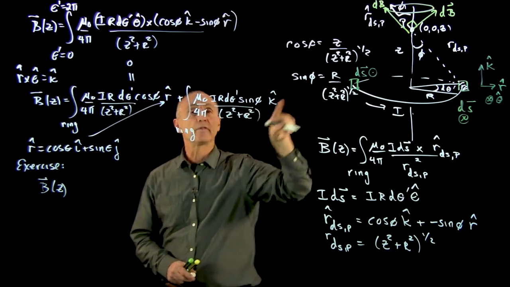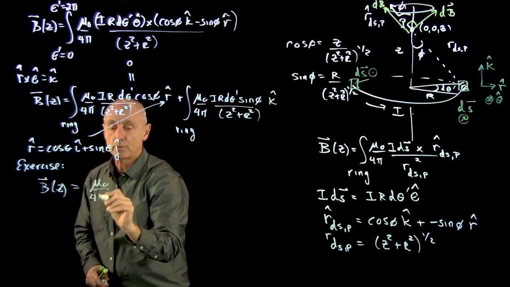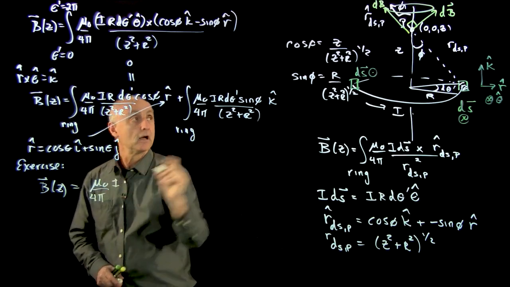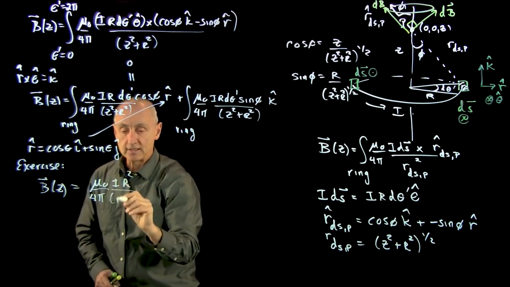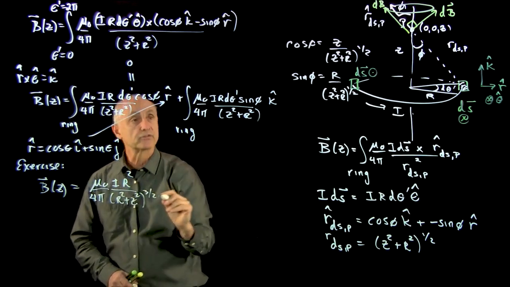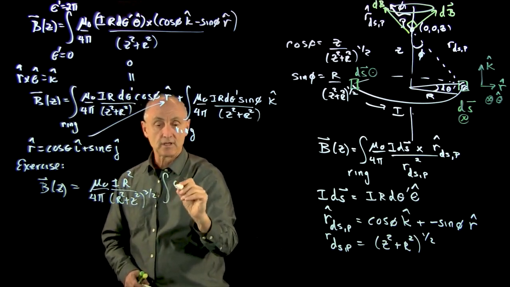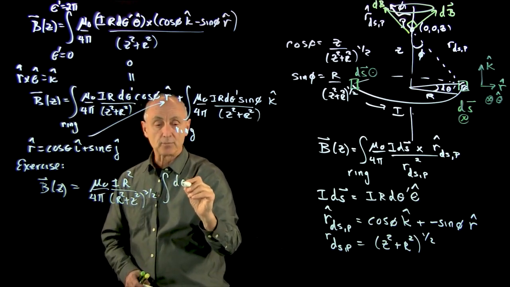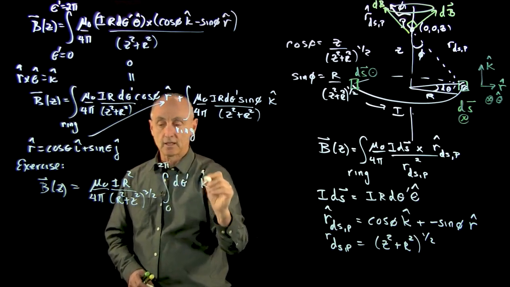And now I can put all of these things in, and everything comes out of the integral, 4 pi I. I'm putting in the value of sine phi. Notice I have an r squared. Downstairs, I have r squared plus z squared to the 3/2. This is in the integral d theta prime from 0 to 2 pi k hat.